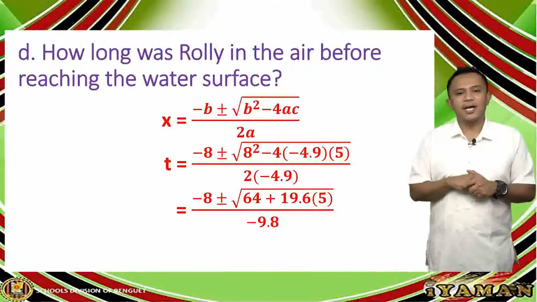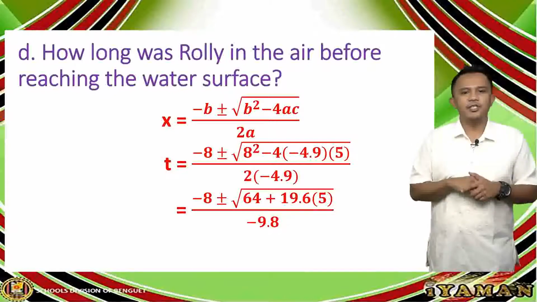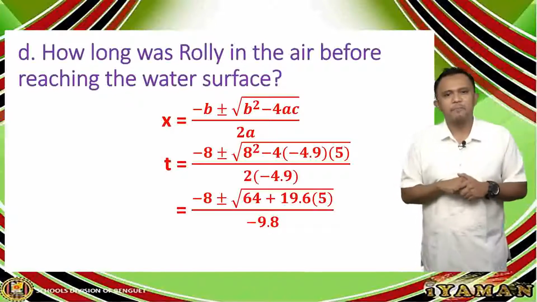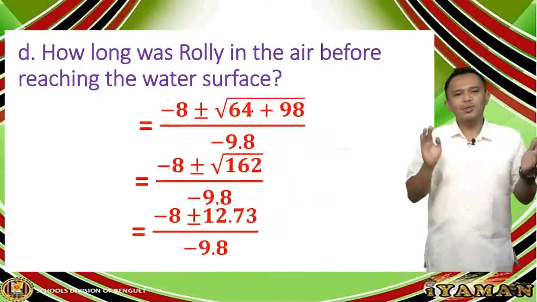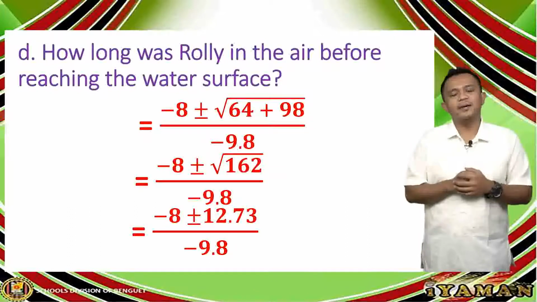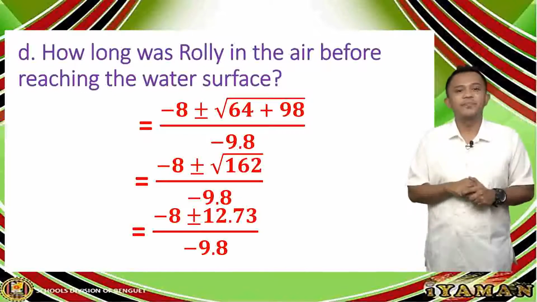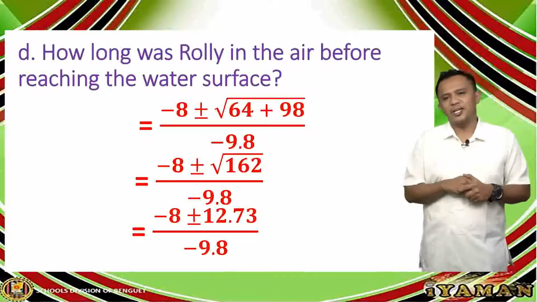Negative 8 plus and minus the square root of 8 squared is 64 plus 19.6 times 5 all over negative 9.8. So that will now give us negative 8 plus and minus the sum of the terms inside the radical symbol, which is 162, all over negative 9.8.